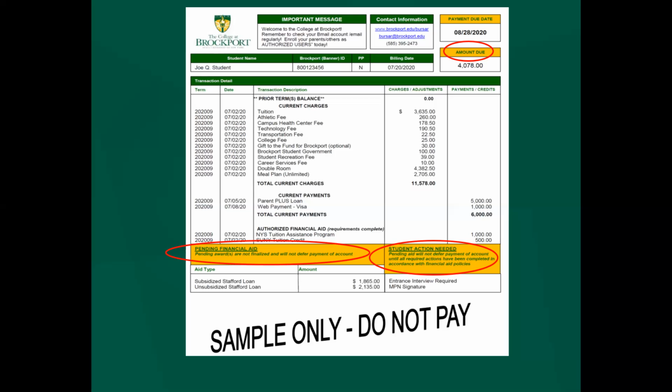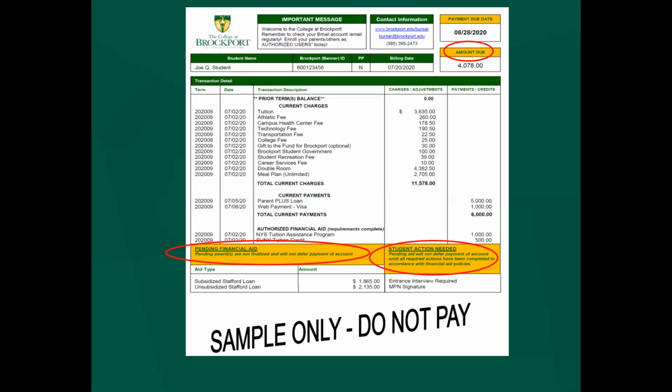Now this student has pending financial aid. This means that they have been awarded aid that has not yet posted to their bill because of student action that is needed, which we also have on the far right of this bill. The pending aid that we are talking about here, we know are subsidized and unsubsidized loans.